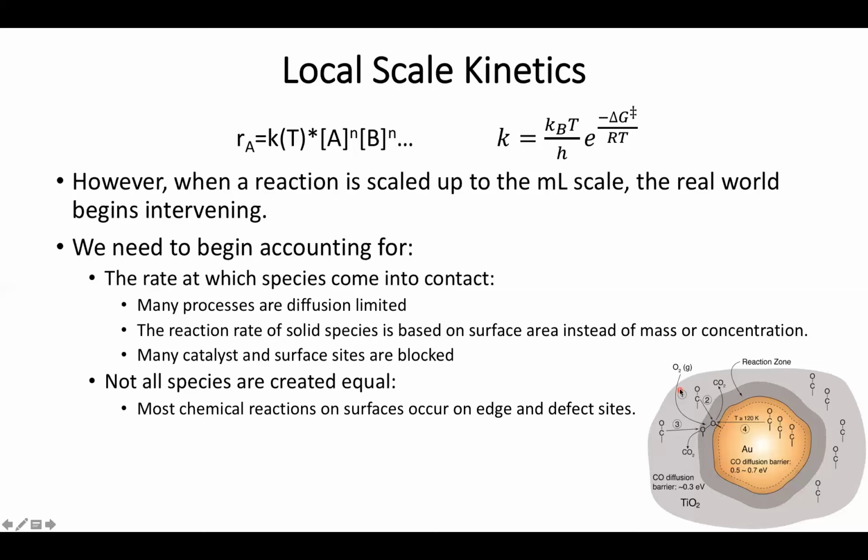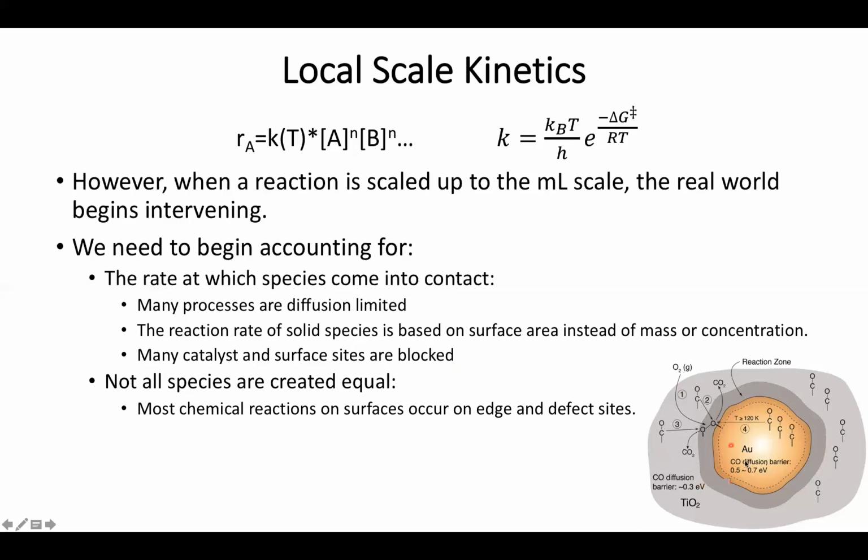One of the other very important things you have to watch out for is that not all species are created equal. So let's say I have gold, in this case gold catalyzed carbon monoxide oxidation.